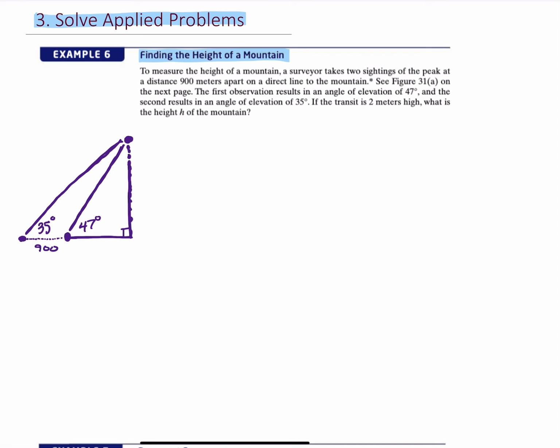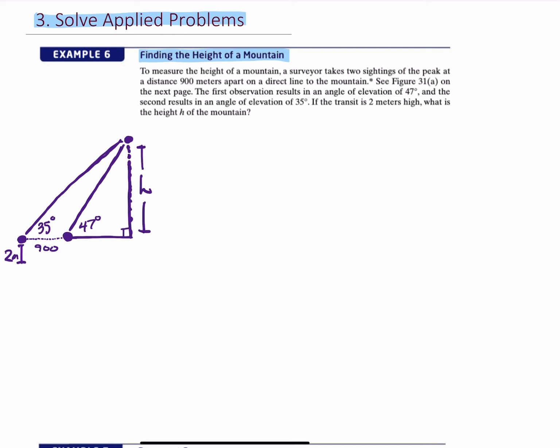And it says the transit is 2 meters high, meaning that's how tall the person is, because they're doing this from eye length. So we would have an additional 2 meters that we would need to consider on top of this height that we'll find using these triangles. So we have some distance that we're finding, but this was taken at eye height, which is 2 meters above the ground. So we'll have to add that additional 2 meters in.